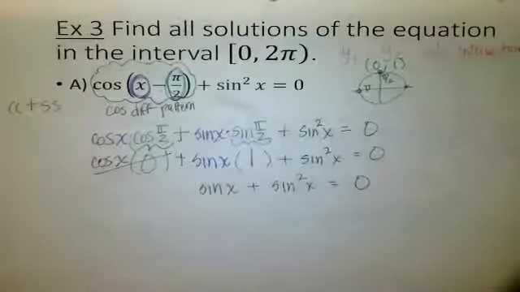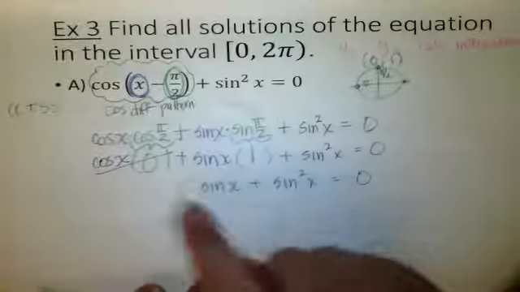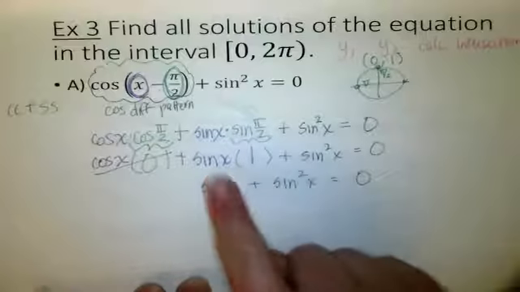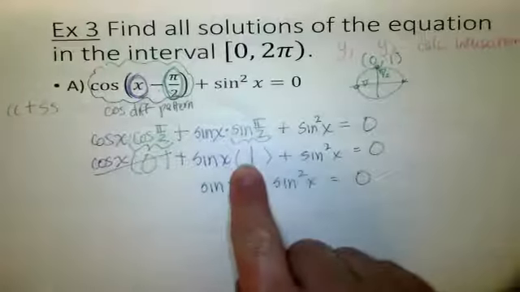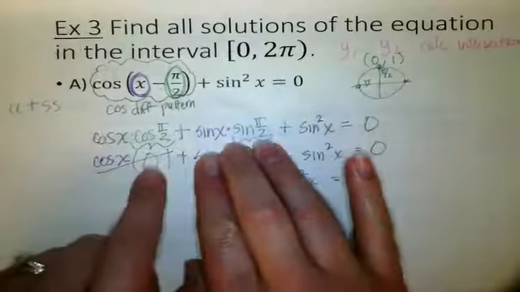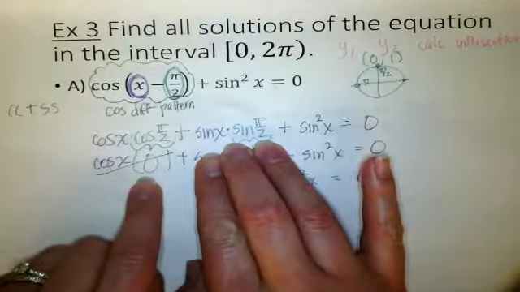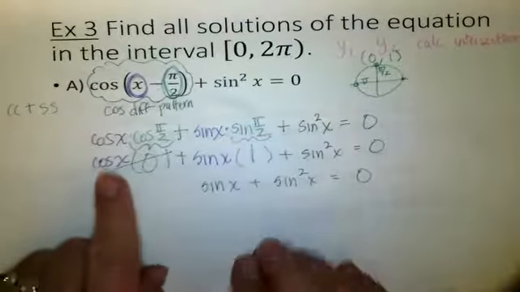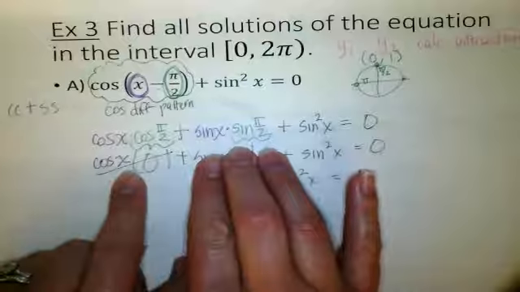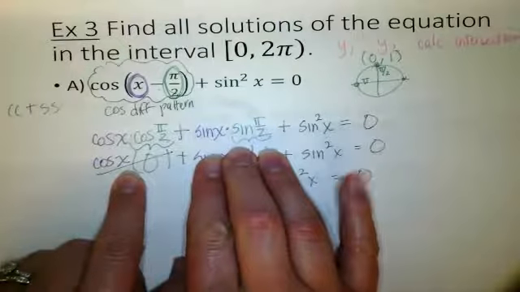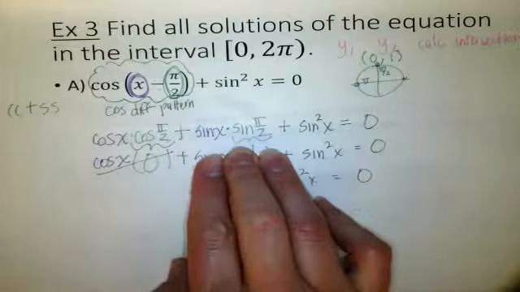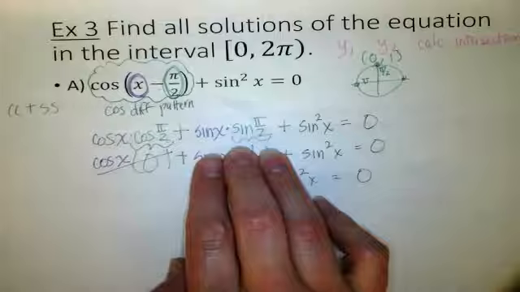Now, a couple of options here. Let's just imagine for a moment if we were using a different angle and it turned out that sine of x was multiplied by 0. So that term went away, but we still had this cosine term if this was 1. So pretend for a moment, if you will, we had an equation where we had cosine of x plus sine squared of x. What could you do?